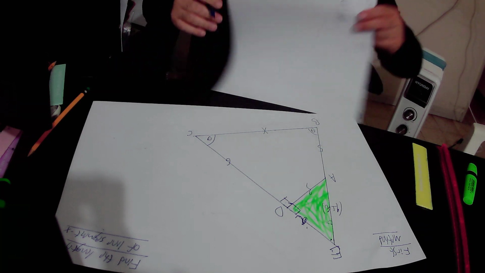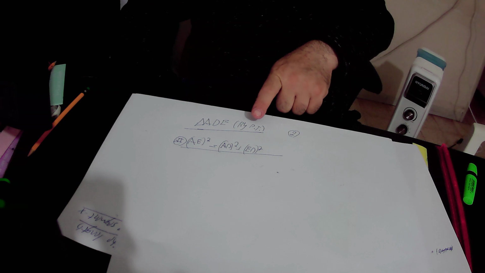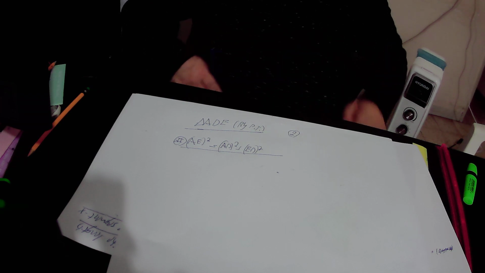I repeat again, according to the Pythagoras theorem, AE squared must be equal to AD squared plus ED squared.